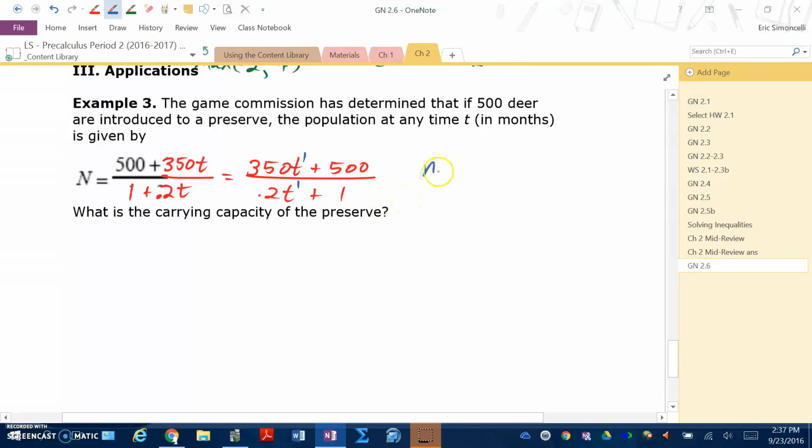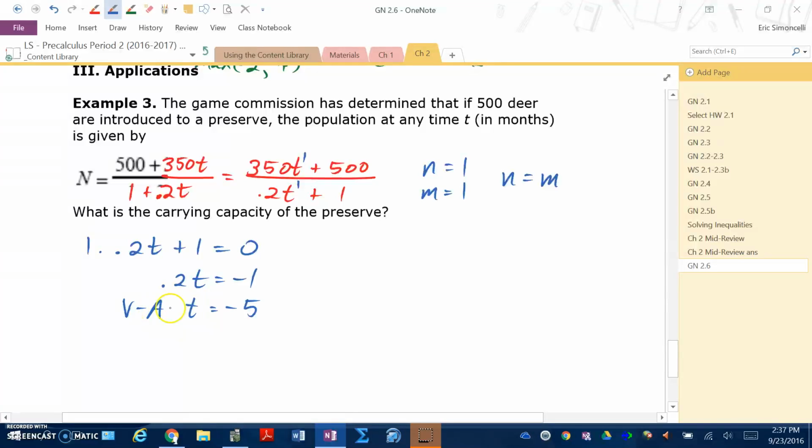So I know n is 1, m is 1, n equals m. Then I can easily say my first option would be to take my denominator and set it equal to 0. I'm finding my vertical asymptote. Subtract 1, divide by 0.2, which ends up being -5.